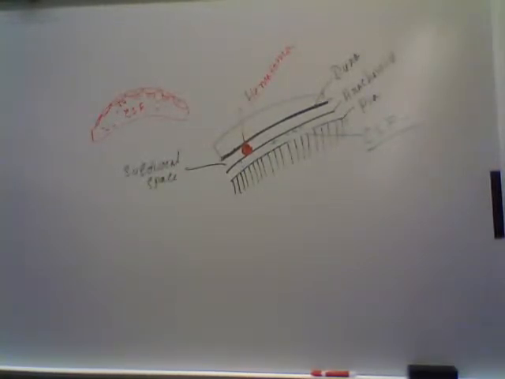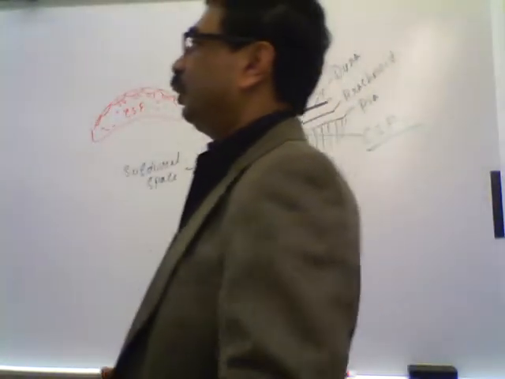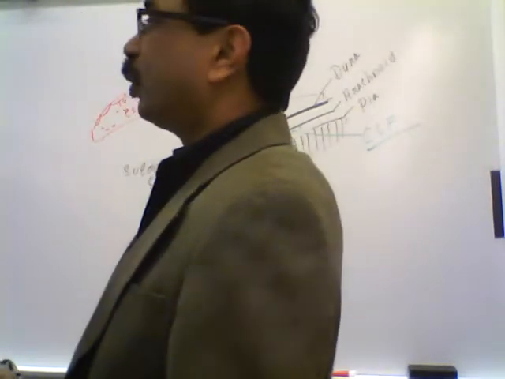If you see from the side, these two are lateral ventricles, and here is the third ventricle, and here is the fourth ventricle. Now you see the ventricles are connected to each other. The lateral ventricles are connected to the third ventricle by the interventricular foramen.